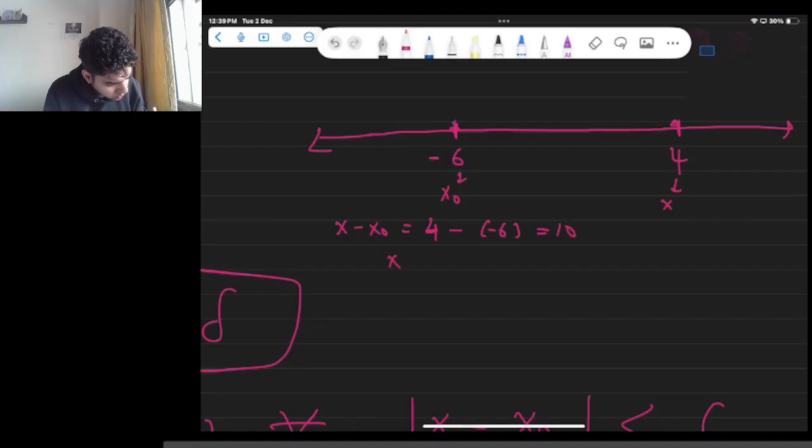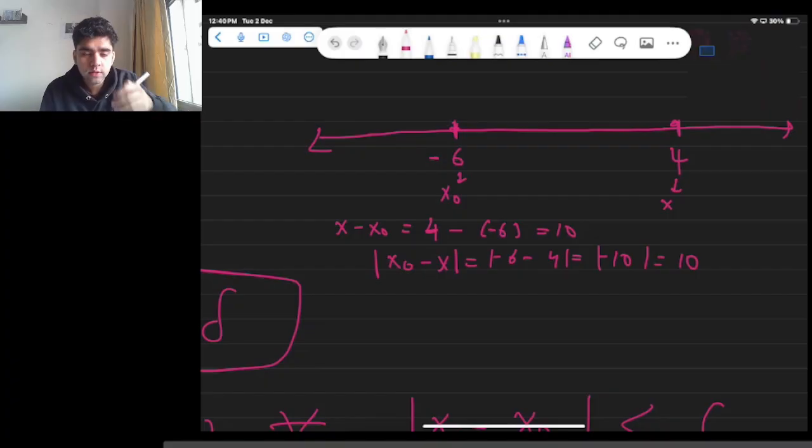Or what I can do is x naught minus x, which is -6 minus 4, which is -10. Now distance can never be negative, so we put a mod sign and we get 10, right? And also we don't know if x is greater than x naught or x naught is greater than x. So the case could have been like this also.